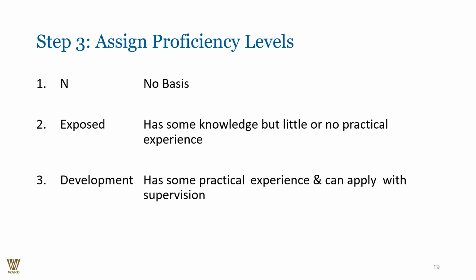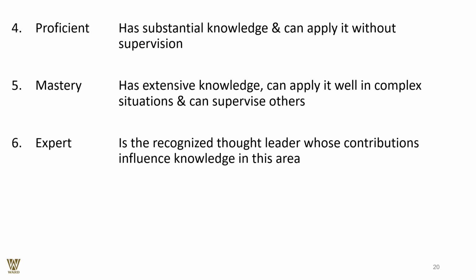So the first person has awareness but doesn't know the thing. The second person not only has the awareness and knows the thing, but has not enacted upon it. Developing competence means having certain practical experience and being able to apply it with somebody's supervision, without the confidence to run the show all by himself or herself.